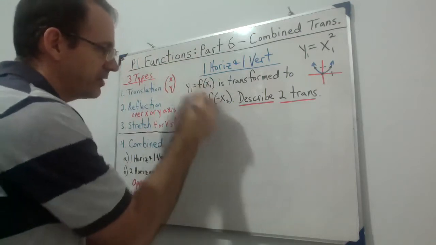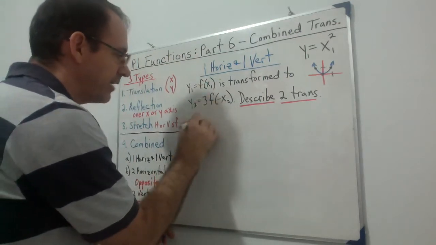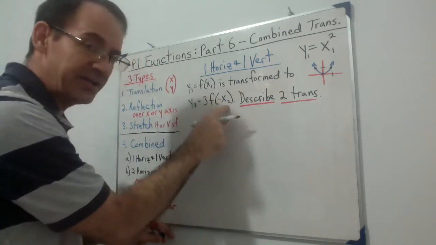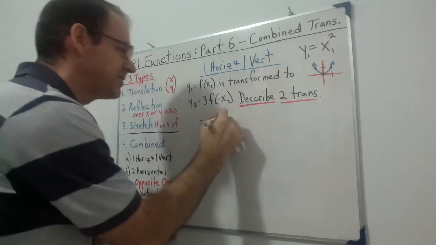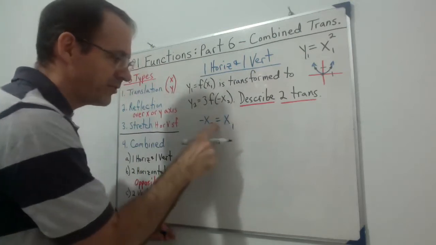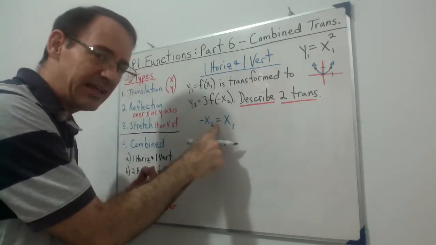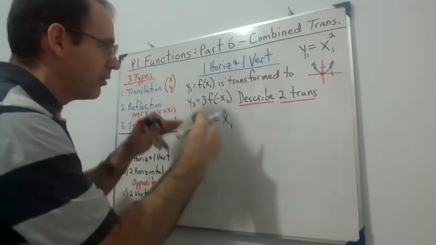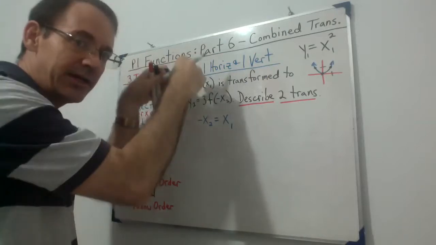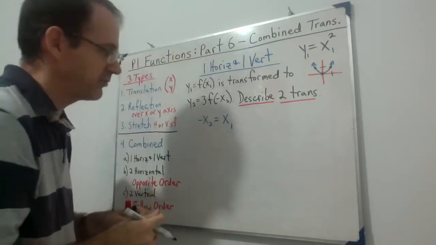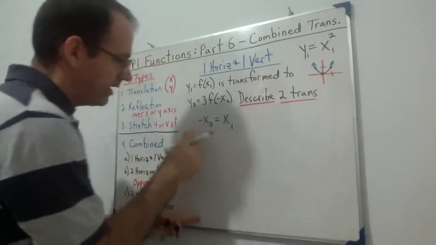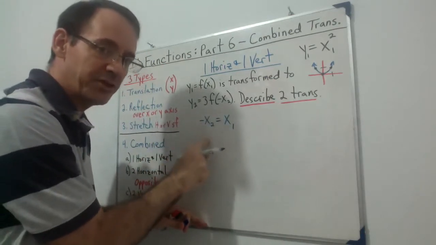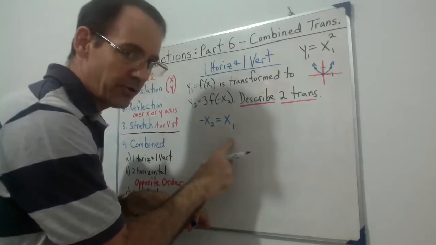So let's start with the x's. We see here that we have a negative x that replaced, and it's our new one, replaced the old one. So you can think of equals as an equation, but also think of it as it replaced it going from the original into the transformation. So if we solve for the new one, in other words, how do we get the new one from the old one?